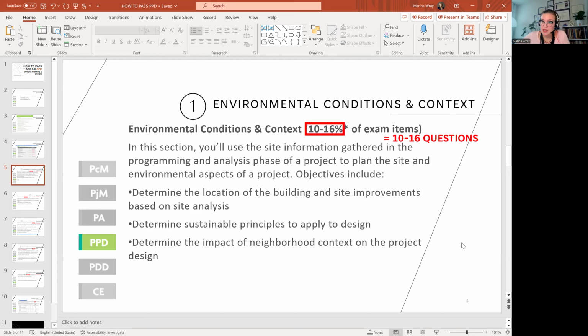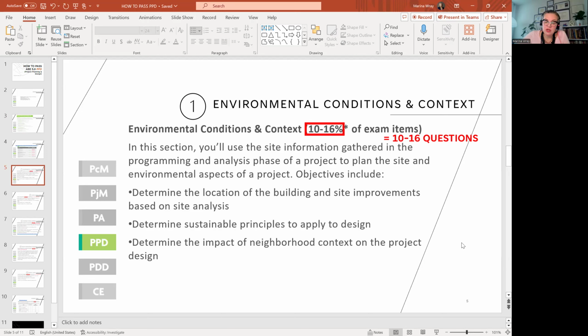So for example, setbacks, or if you would like to keep some of the mature vegetation, or if you would like to accommodate, for example, the shade that the trees provide. So building orientation is critically important.